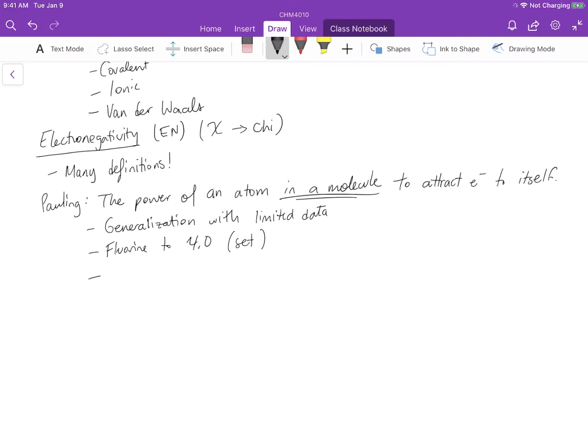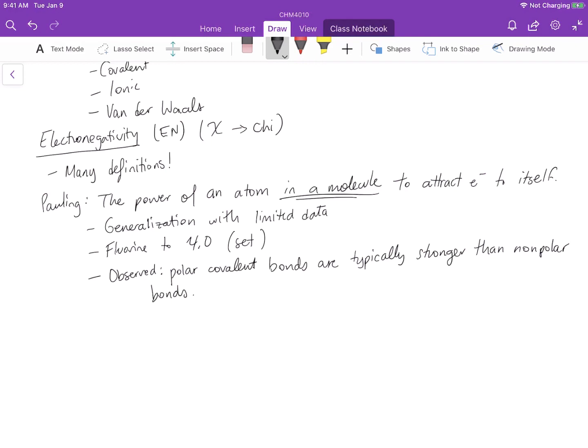He observed that polar covalent bonds are typically stronger than nonpolar bonds. There are several other electronegativity scales. You should just be aware that they exist.